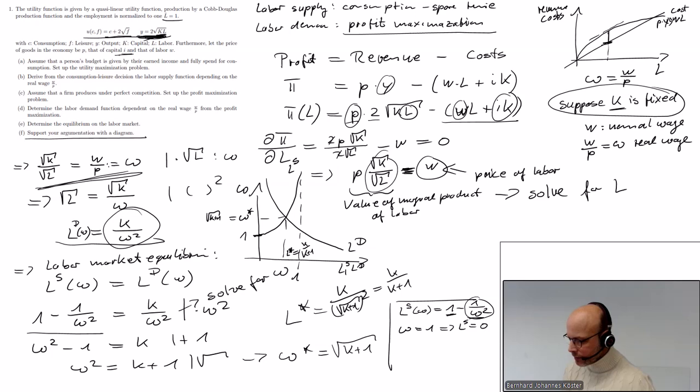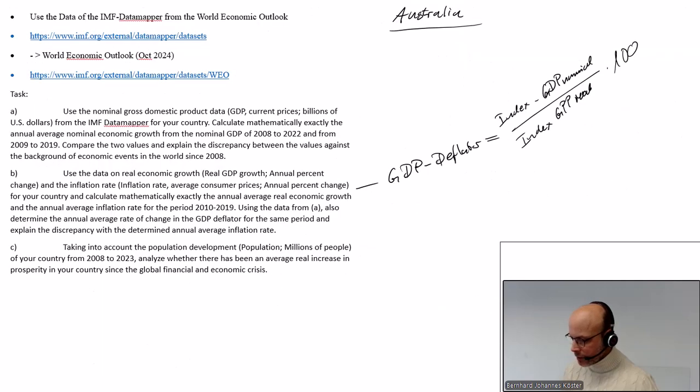What have we done? Well, tomorrow, when the exam is starting, everybody of you will get a country. Then you should download some data, as I've done it here with you together, maybe over the last 10, 20 years or so.